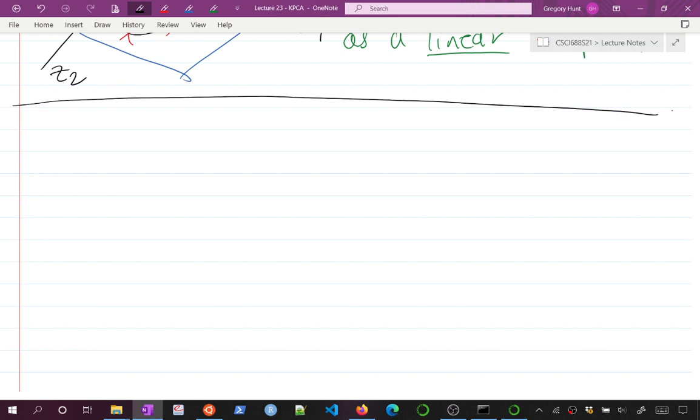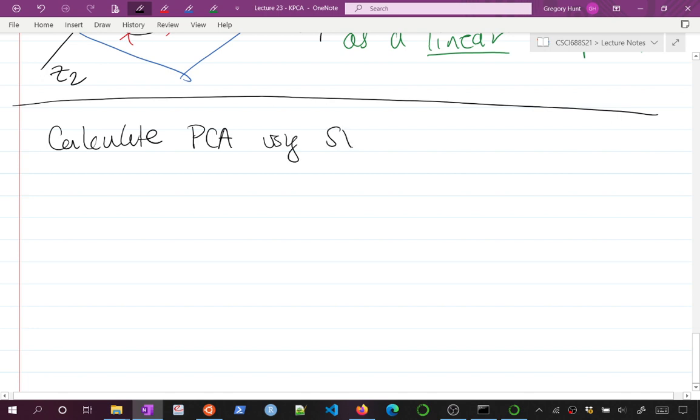I calculate my PCA using the SVD, right? This is what I was trying to impress upon you. And the SVD, again, is one of the most useful things. You see it showing up all over the place. You saw it show up in ridge regression, PCA regression, PCA.